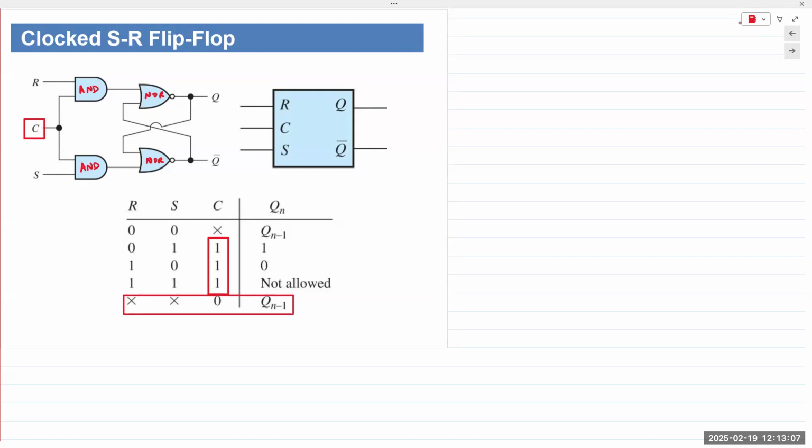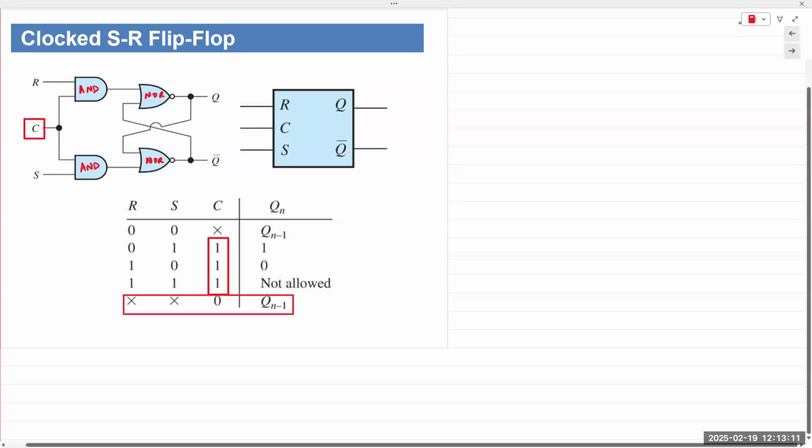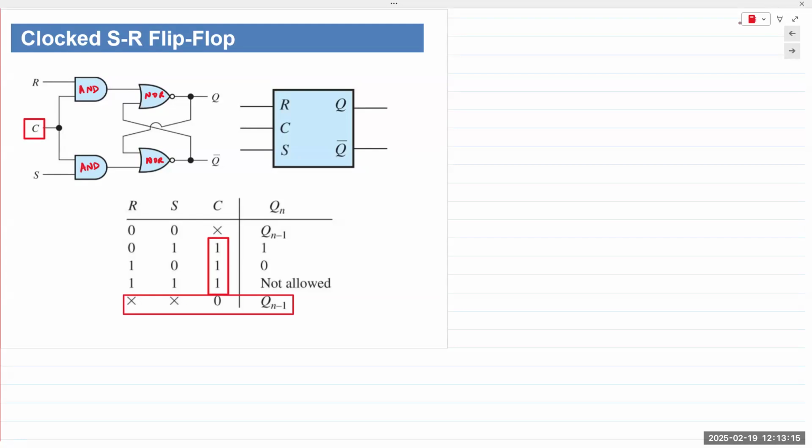Your output is not going to change from its previous state. We can very easily visualize this, because if the clock is 0, no matter what your R or S inputs are, the output of the AND gates is going to be 0.